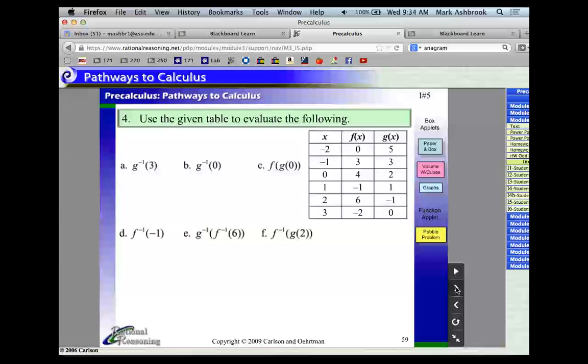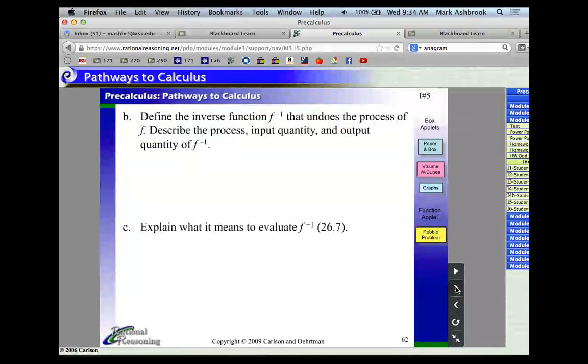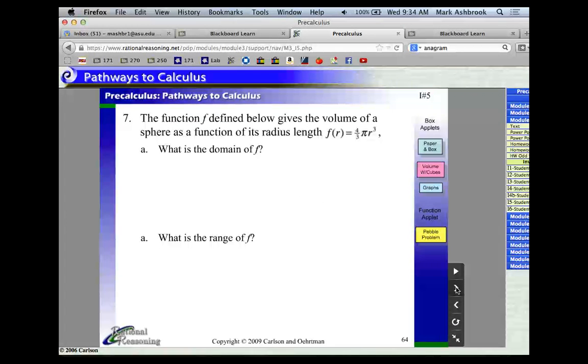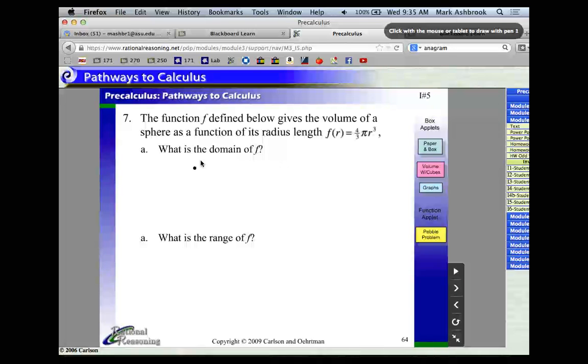Let's get some good examples here. So this one, okay, we'll change it to f of x. This gives the volume of a sphere. So just change the r to x.